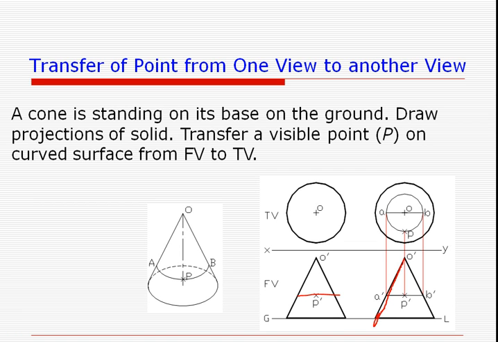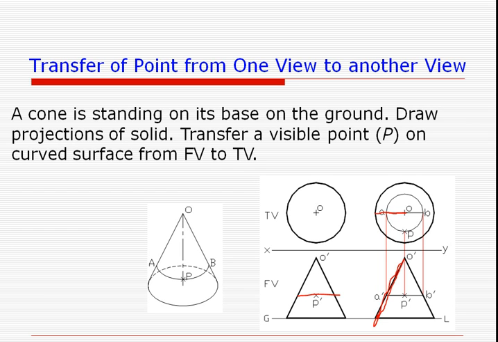On this extreme generator we get it transferred, and we know where this extreme generator lies. So in the top view it can be easily located. It is just the horizontal line, because it is the line of tangency basically. In the front view and in the top view it must be visible like this, and the point is now transferred on this particular generator.